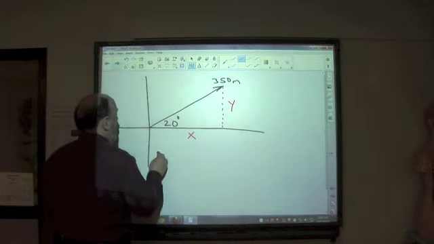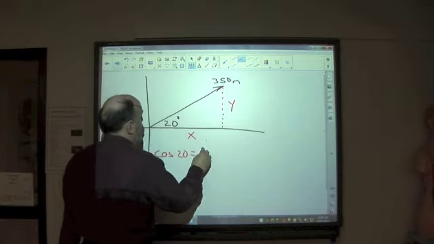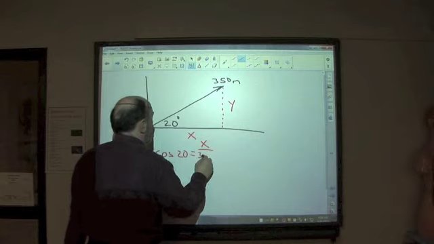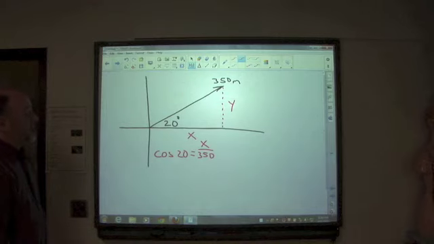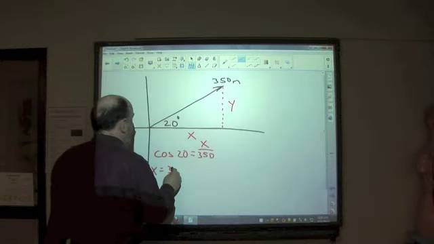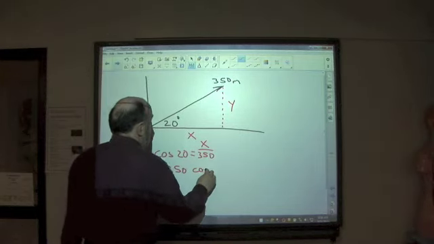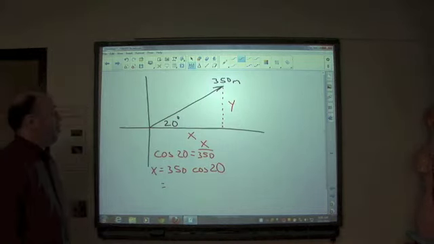So the cosine of 20 equals x over 350. The opposite of dividing is to multiply, so x is 350 times the cosine of 20, which you plug into your calculator.